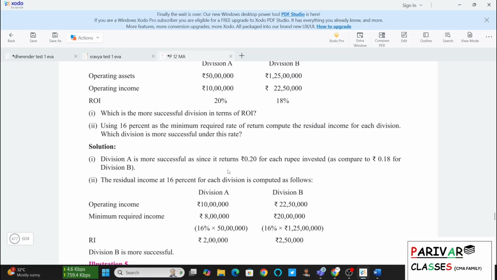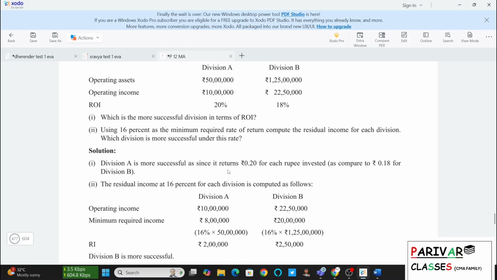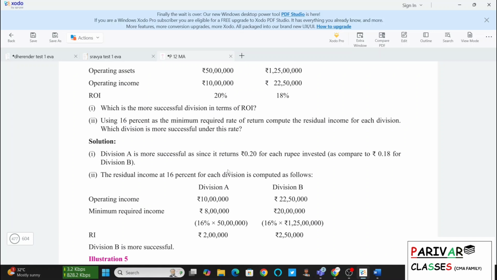But when we see absolute income in terms of value over and above the expectation, we have deducted 16 percentage on investment. Shareholders are expecting 16% income. After subtracting 16% income, over and above 16%, division A is earning 2 lakh rupees and division B is earning 2 lakh 50,000 rupees.